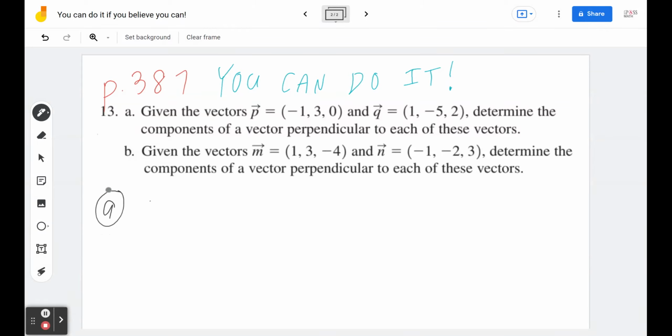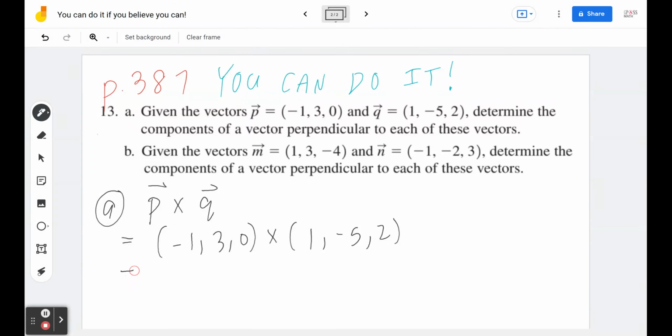Step 1, think about the cross product, P cross Q. This means you're looking at -1, 3, 0 crossing 1, -5, 2.